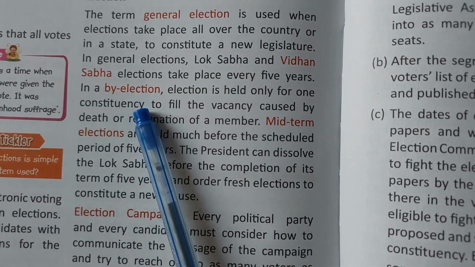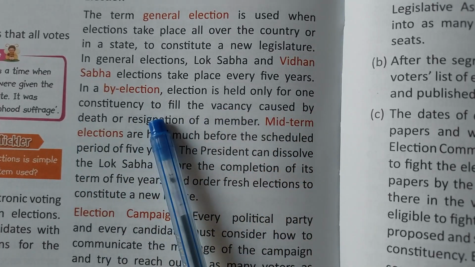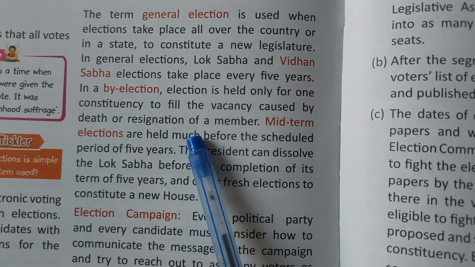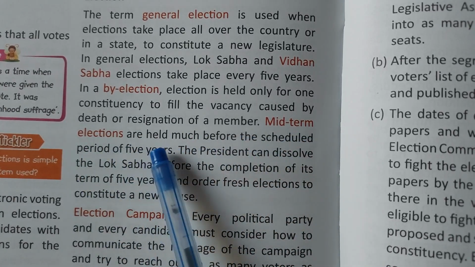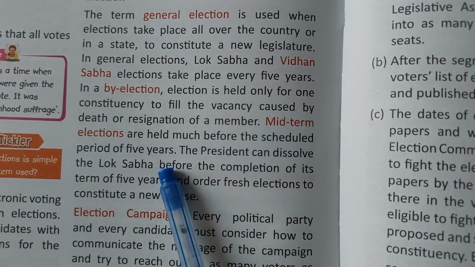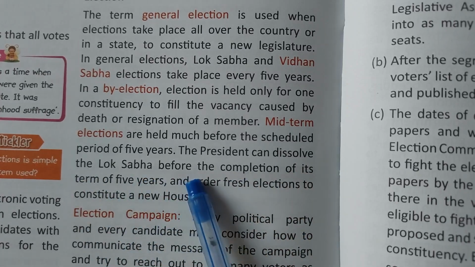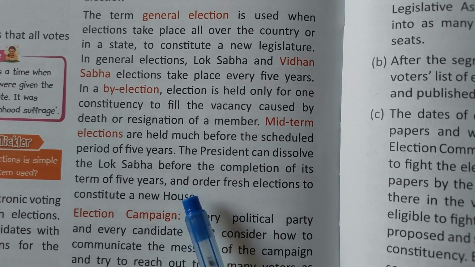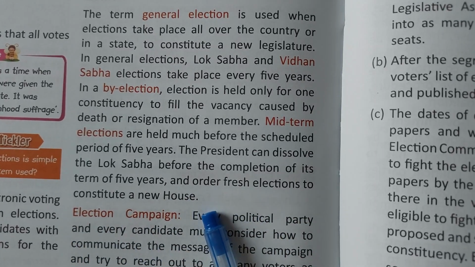In a by-election, election is held only for one constituency to fill the vacancy caused by death or resignation of a member. Mid-term elections are held much before the scheduled period of 5 years. The President can dissolve the Lok Sabha before the completion of its term of 5 years and order fresh elections to constitute a new house.